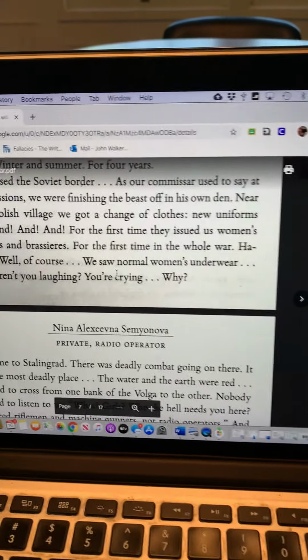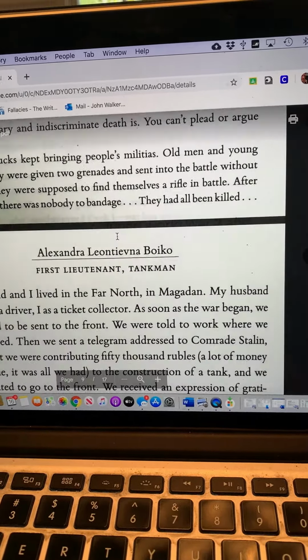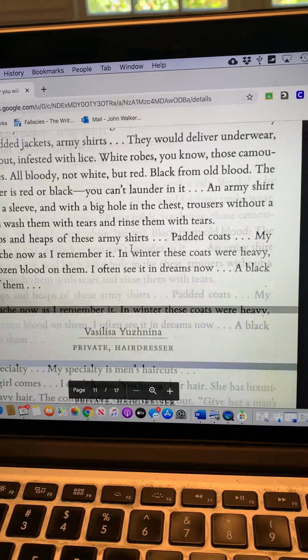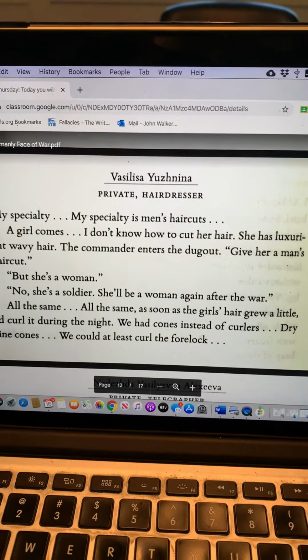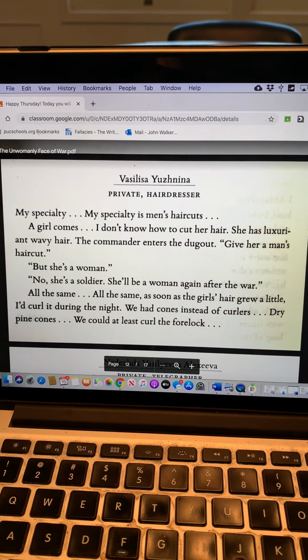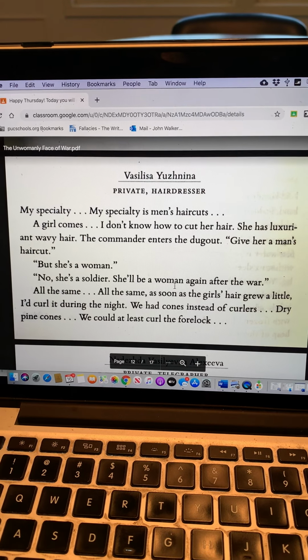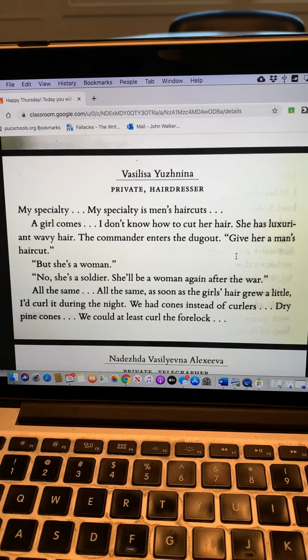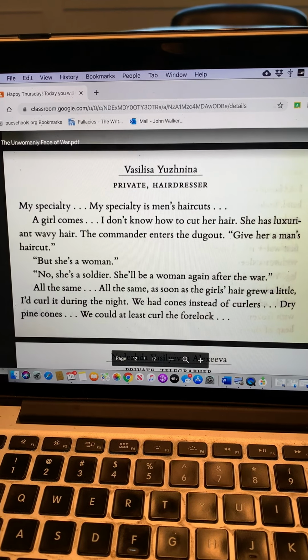And so this one, where did I get it? This is it. So this is the excerpt that you're going to get. What is a change and what is a continuity? So first off, you're going to be analyzing this for finding what is a difference in women's roles, and then what is a continuity?